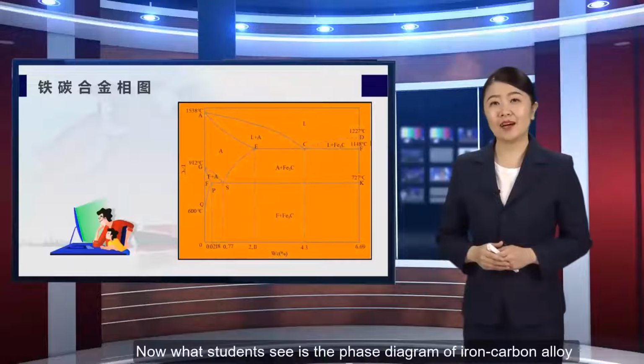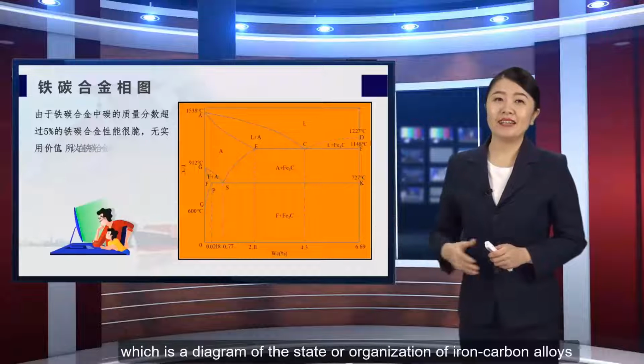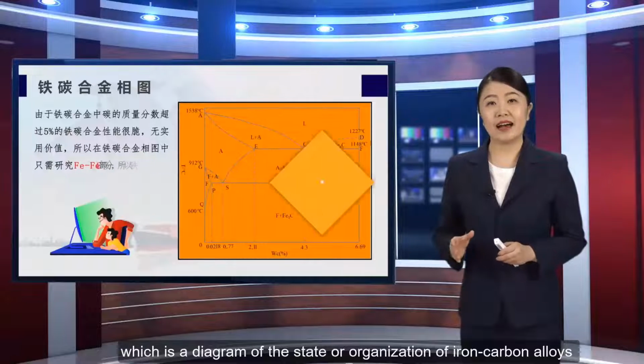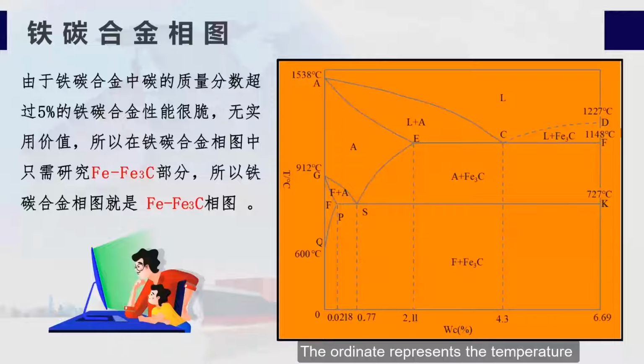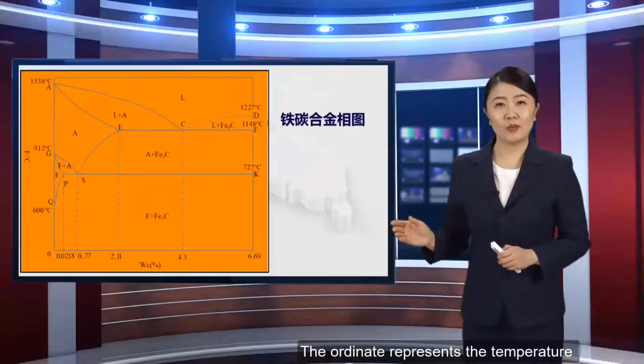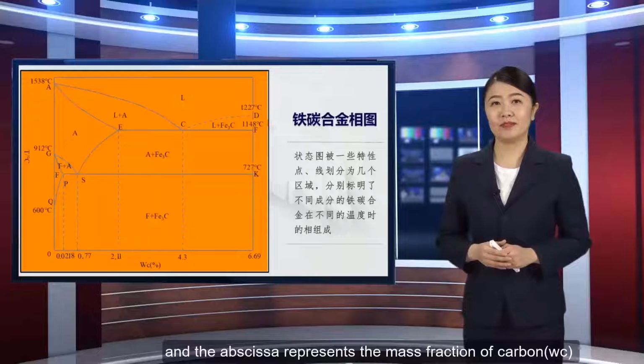Now what students see is the phase diagram of iron-carbon alloy, which is a diagram of the state or organization of iron-carbon alloys with different compositions at different temperatures under extremely slow heating or cooling under equilibrium conditions. The ordinate represents the temperature, and the abscissa represents the mass fraction of carbon.